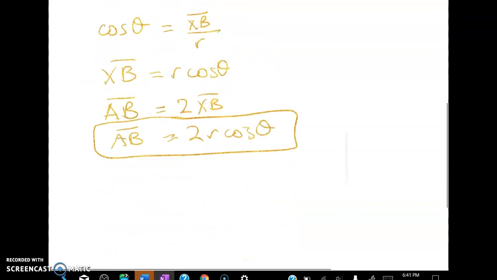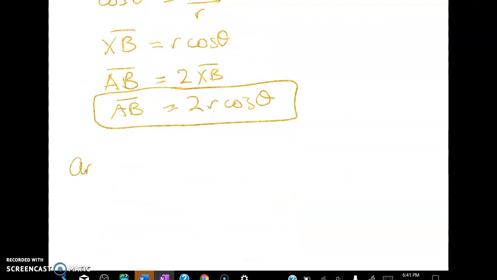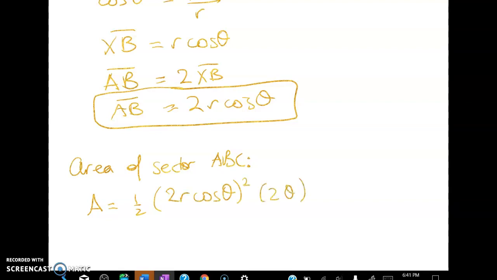Now, let's do the area of a sector. So the area of sector ABC is equal to a half times r squared times my angle, which is 2 theta.